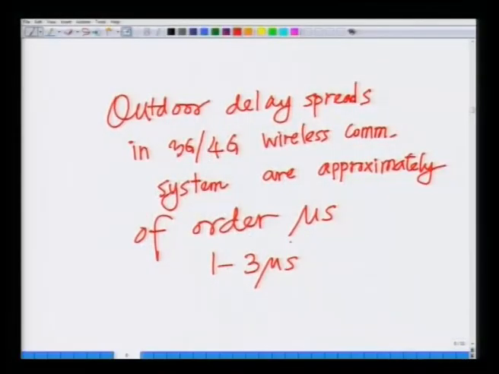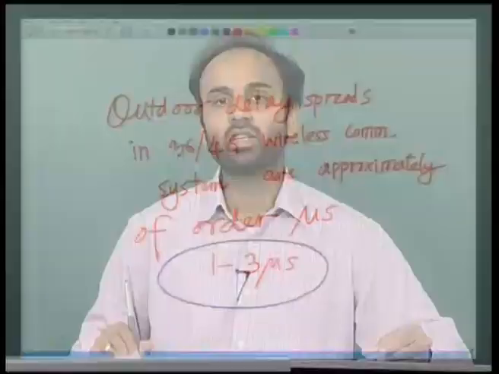Remember, the calculation that we did earlier is not an exact calculation, it is an approximate calculation. We said the distances are of the order of kilometers, hence the delay spreads are of the order of microseconds, typically around 1 to 3 microseconds. So, the outdoor delay spreads are approximately around 1 to 3 microseconds.